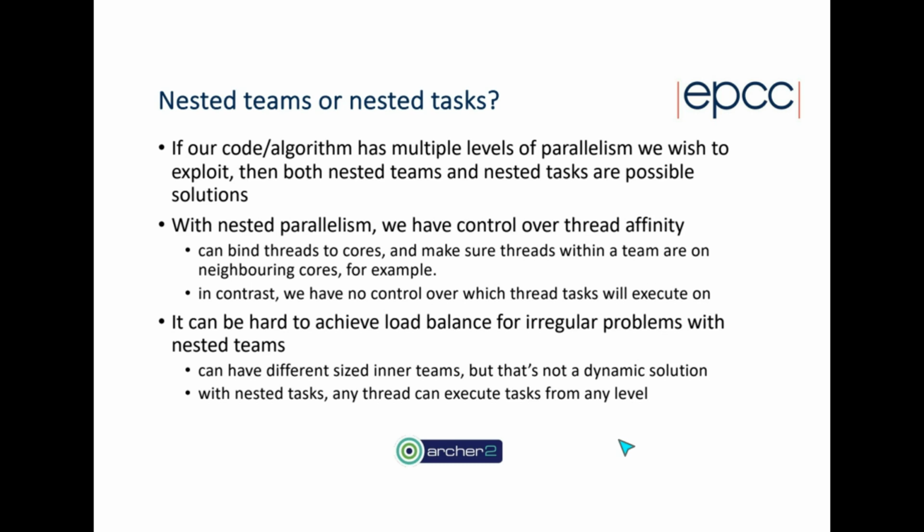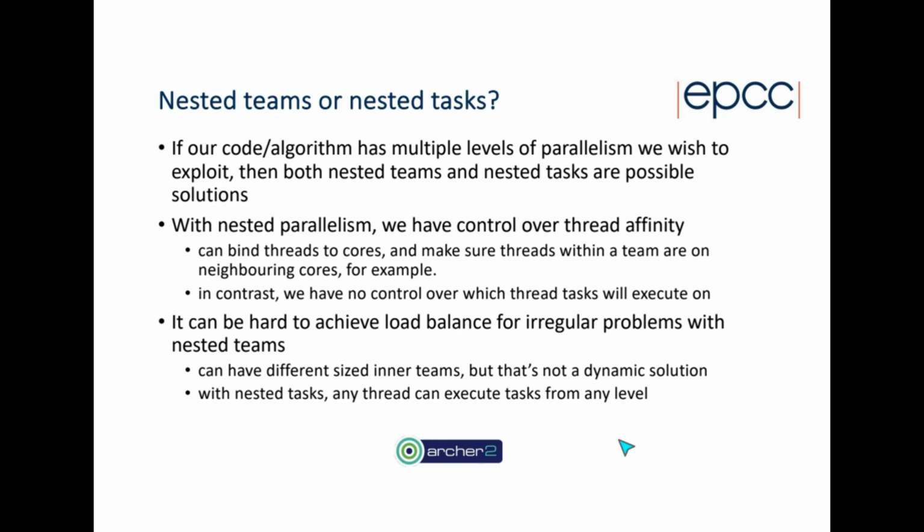If we have very regular parallelism, like regular loops over multidimensional arrays, very regular data structures, everything nicely load balanced, then nested parallelism can be good because that gives us more control over thread affinity and data affinity.